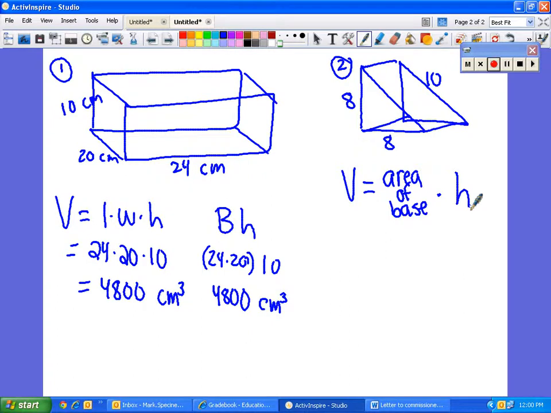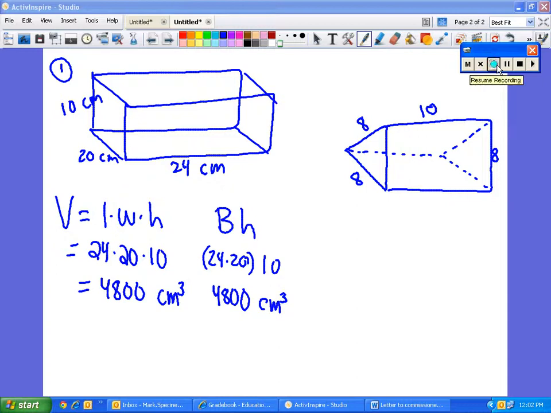And the area of a... I can see they draw this one differently. All right. Okay, so step number 1.